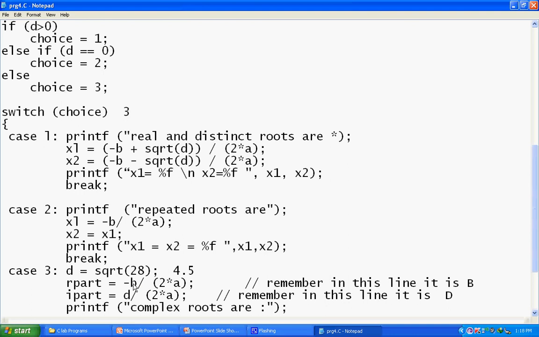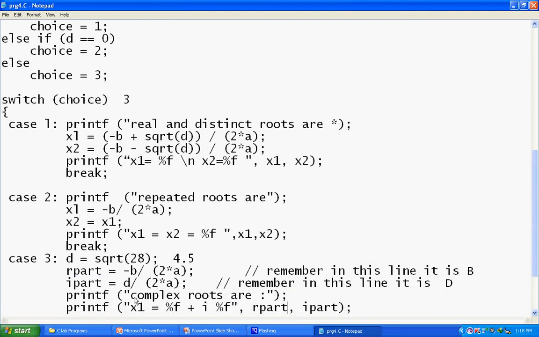So please always keep in mind, with respect to the real part it is b, and with respect to the imaginary part we are taking d, where d basically represents b square minus 4ac. If you have any confusion remembering this, in place of d you can directly write b square minus 4 into a into c. Yes, you can do it this way also. As we are directly calculating it before, we are directly writing d here.